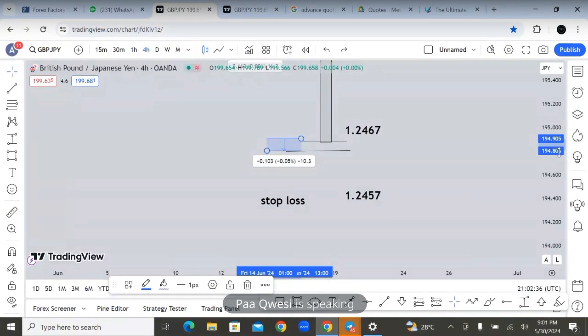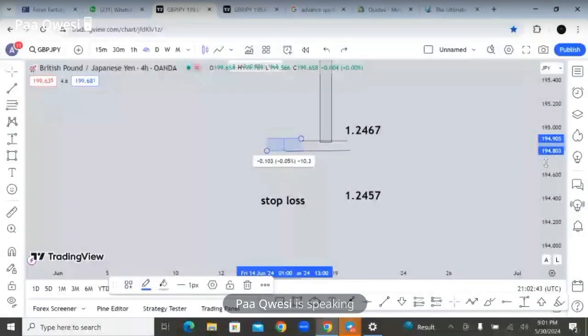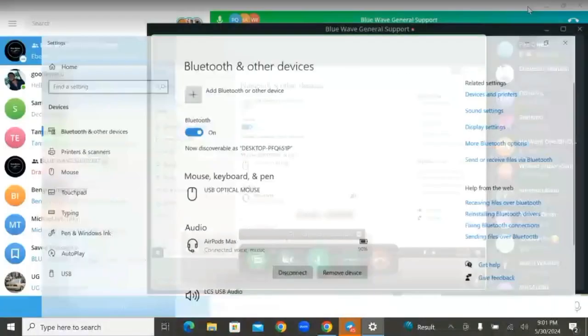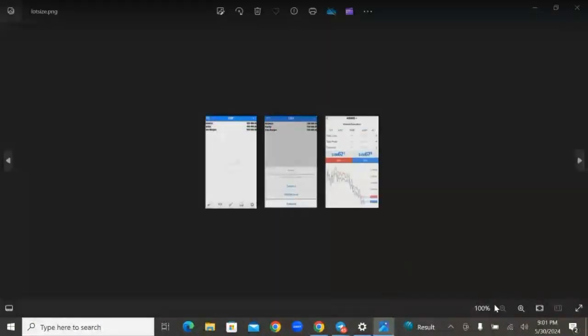The current price will be 194.803. When you go to your MetaTrader 5, you have to type in the price over there. If you want to see the price, this is the price.